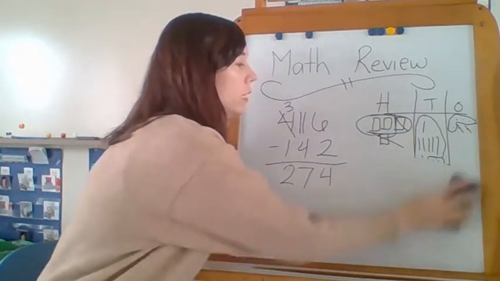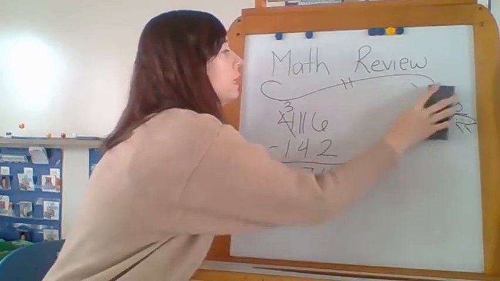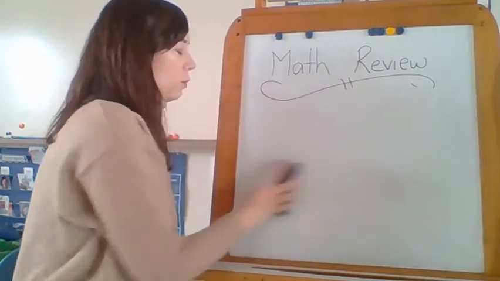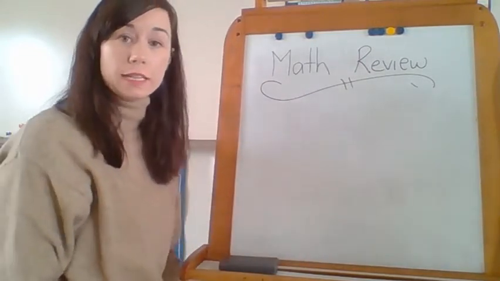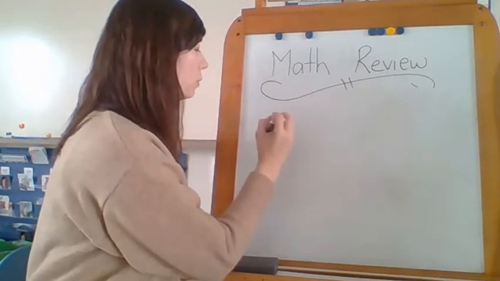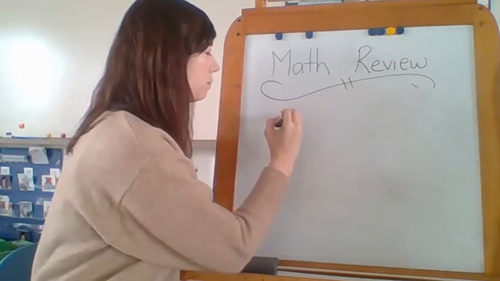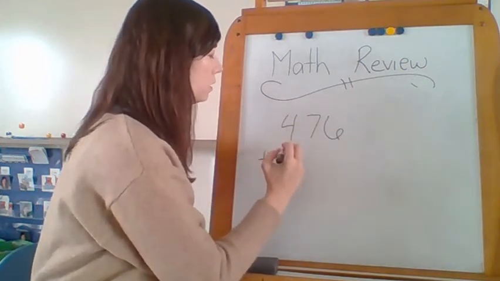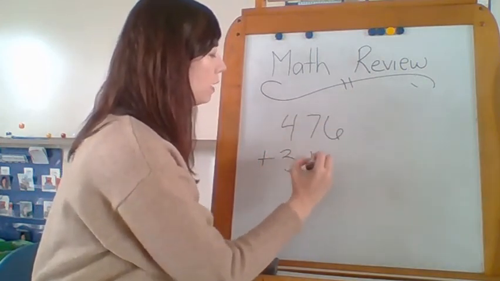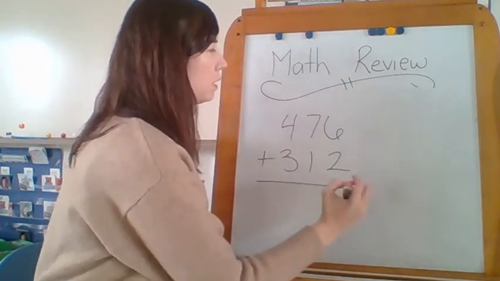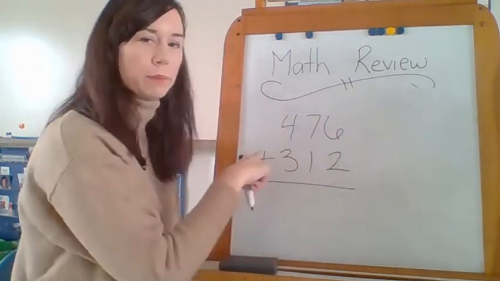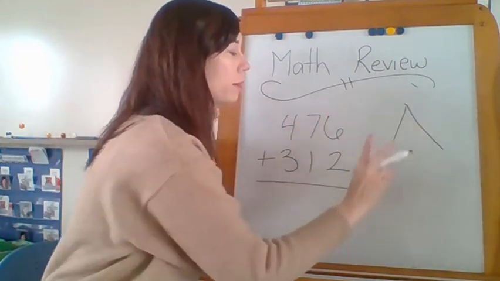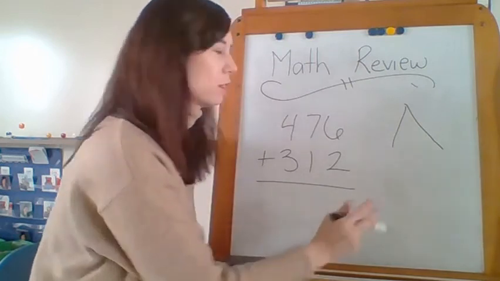Another way you could do it is checking using the Math Mountain, by showing me addition and subtraction. Okay, so here I'm going to say 476 plus 312. Now, when you have two numbers that are added together in your Math Mountain, they would be the add-ins at the bottom.